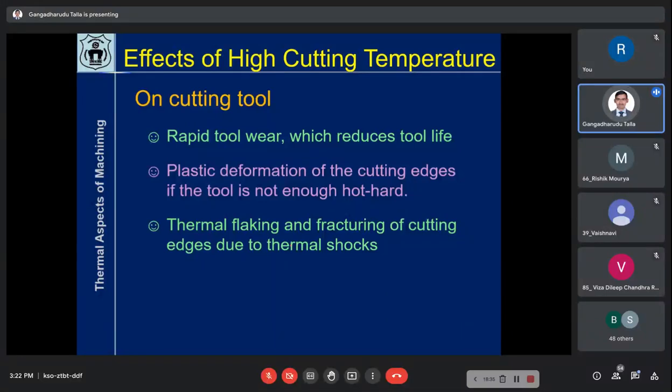If the temperature is too high, then the tool is cooled naturally. Once the cutting process is over, or once you stop the cutting process, the tool will be cooling. During that period, the contraction of the cutting tool material will take place. At that time, there can be some cracking.